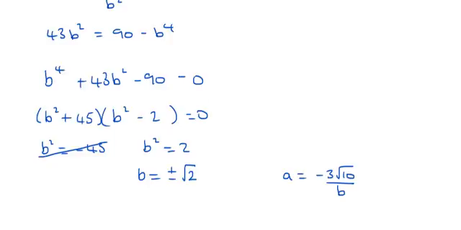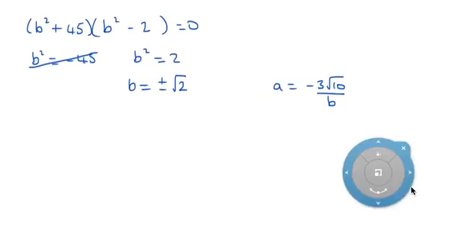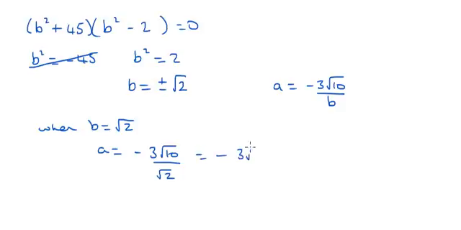So if b is plus root 2, then a is going to be minus 3 root 10 over root 2, which is negative 3 root 5. And when b is minus root 2, a is going to be plus 3 root 5.